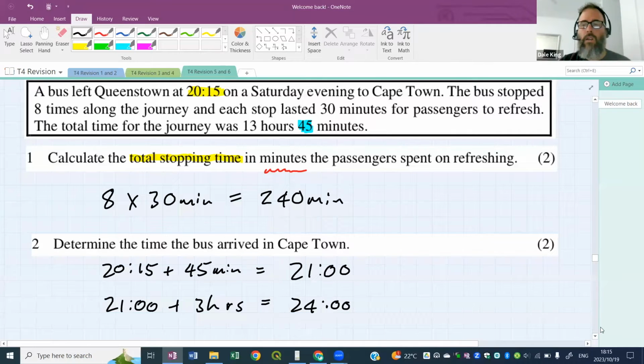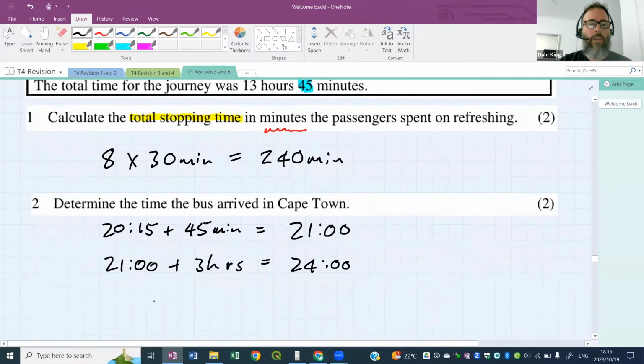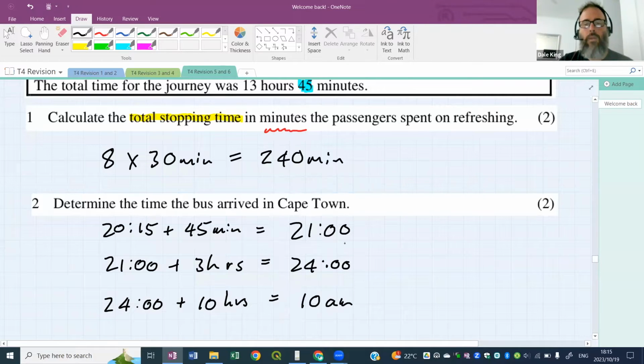We still have 10 hours left. So now we're going to add on 10 hours, and this will take us to 10 a.m. in the morning. To check on this, we took 45 minutes, 3 hours, and 10 hours. That's 13 hours, 45 minutes. We've covered all our time, and we get to the final answer of 10 a.m.